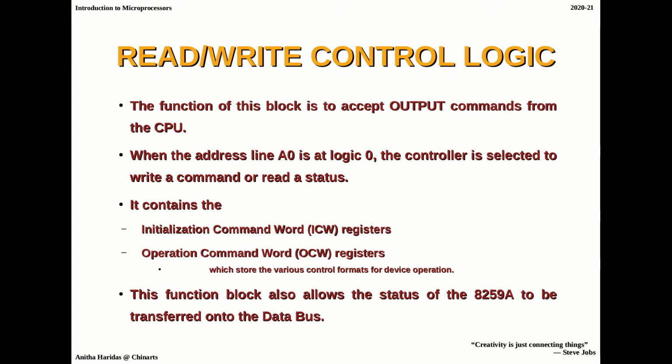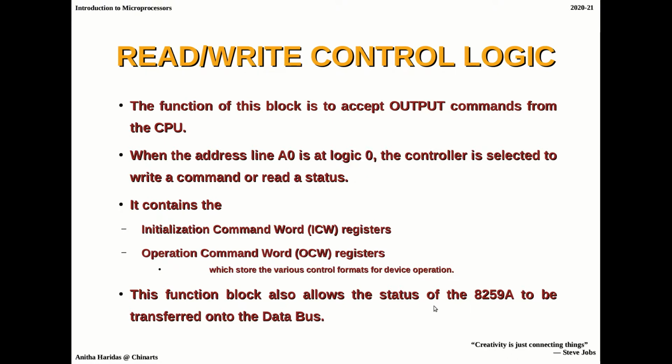And the operation command word register will store what operation is to be performed on the interrupt controller. And this is the function block that allows the status of 8259A to be transferred onto the data bus. So using this function block only, the status of 8259A will be read.